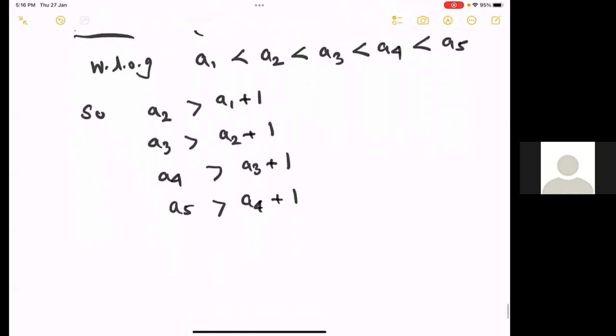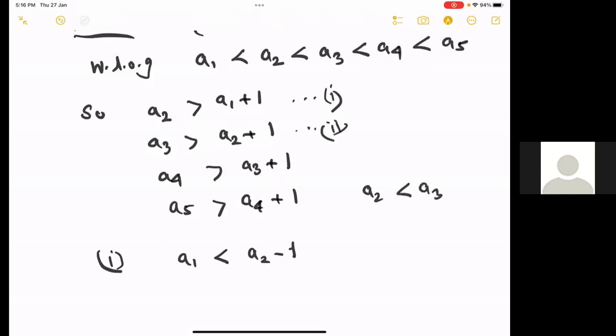So from the first, you know that A1 is less than A2 minus 1. And from the second, A2 is less than A3 minus 1, so A2 minus 1 is really less than A3 minus 2.